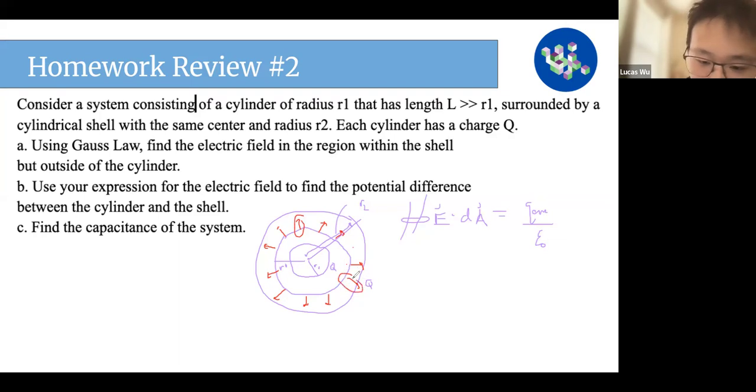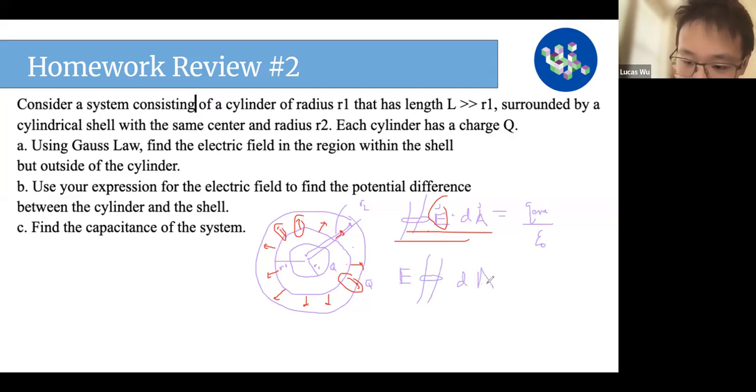So when I'm doing the integral of E dot dA, this E is constant over the entire surface. Also, notice that this E is always perpendicular to the surface. So our integral becomes E, not the dot product but just the regular multiplication, times the integral of dA.